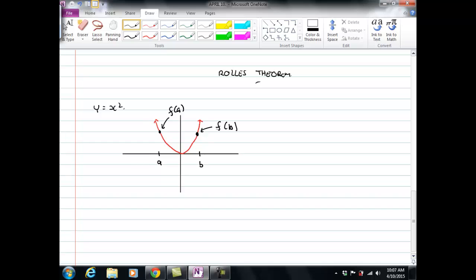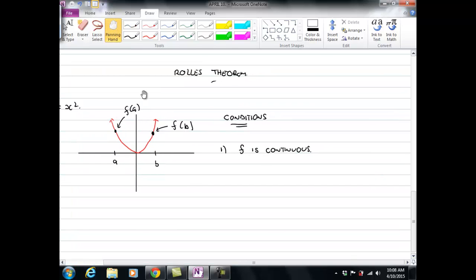For Rolle's theorem, you need to have the correct conditions satisfied before you can apply it. The first condition, number 1: f is continuous. There's that word continuous, which I taught to you last time. There are 3 conditions for continuity. By the way, does anyone remember the 3 conditions for continuity? There should be a limit. That's 1.